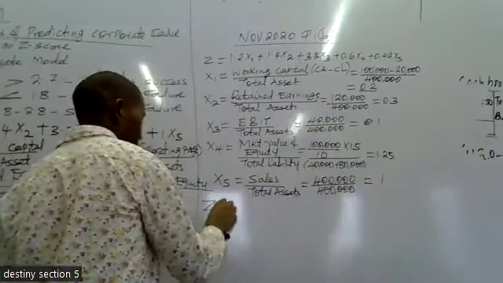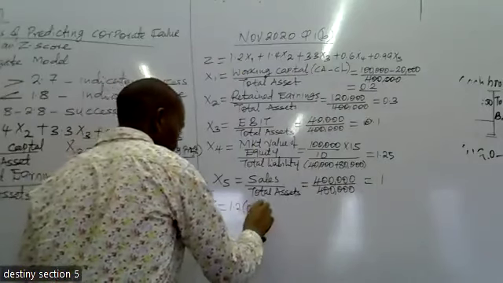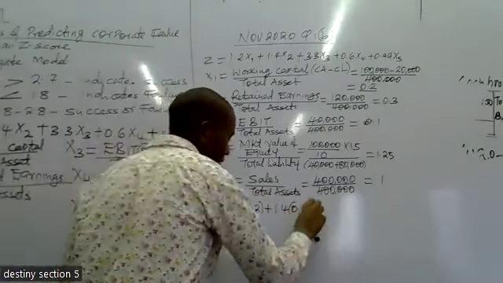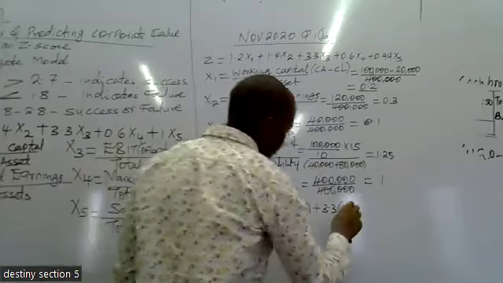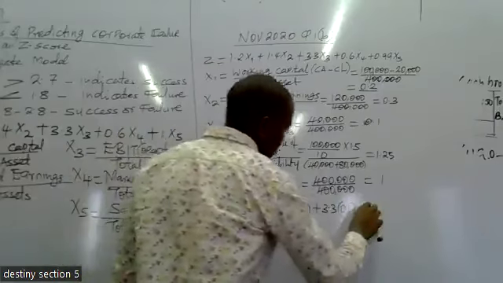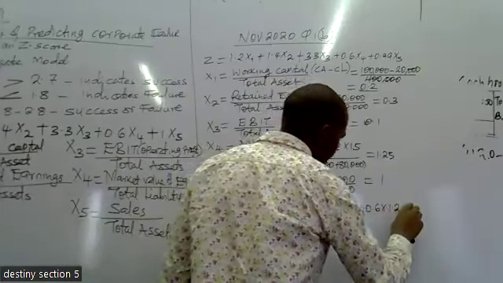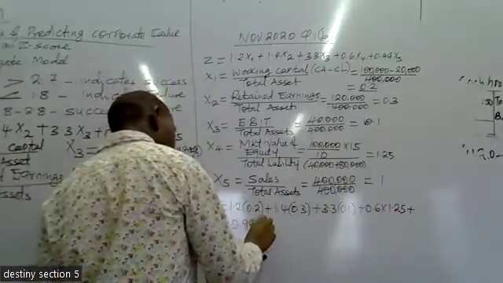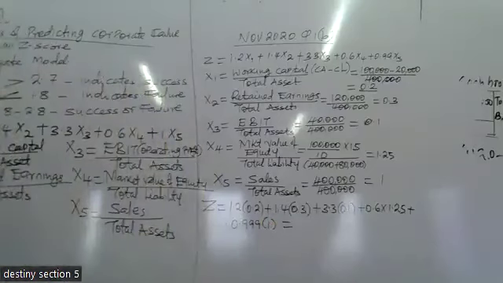So we can get our Z. Z is 1.2 of X1, which is 0.2, plus 1.4 of X2, which is 0.3, plus 3.3 of X3, 0.1, plus 0.6 of 1.25, then plus the last one is 0.999 of 1. What will be our Z?